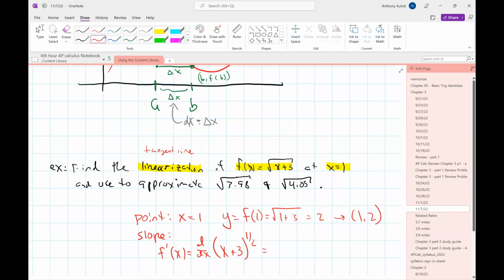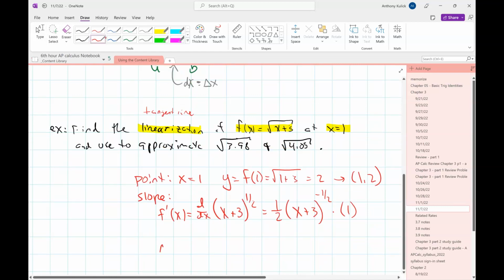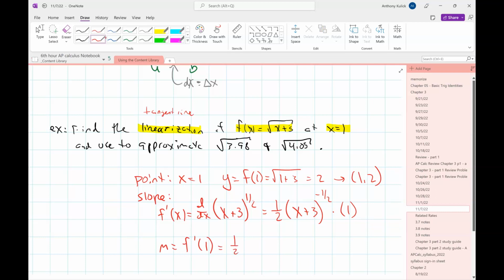So that's a chain rule problem, right? The derivative of the outside is a power rule, where I just move the exponent to the front, then subtract 1 from the exponent. And then I also have to multiply by the derivative of the inside, which is just 1. So my slope then is going to be f prime of 1, which is 1/4.